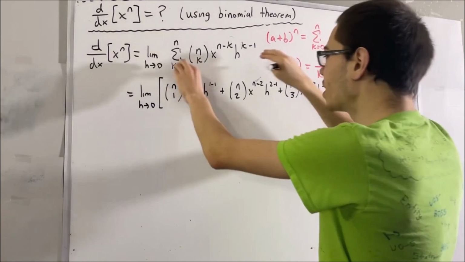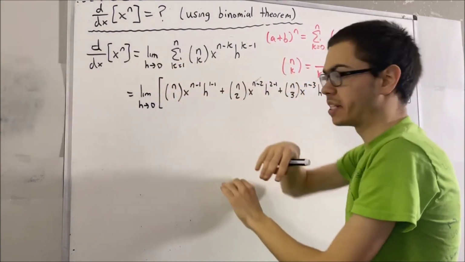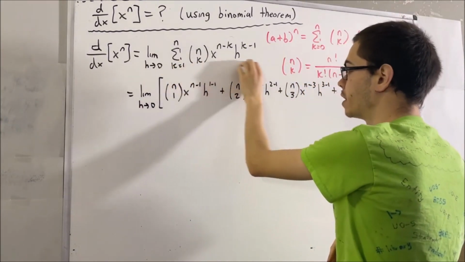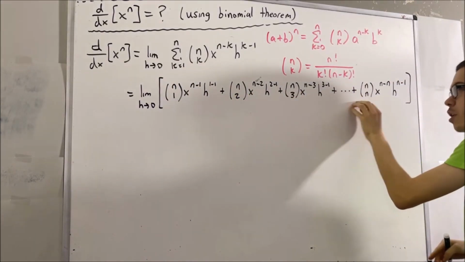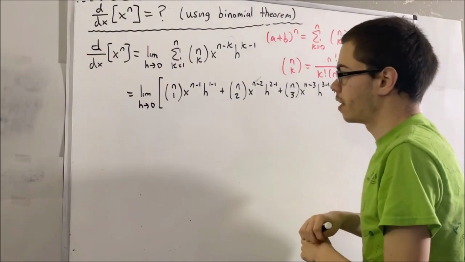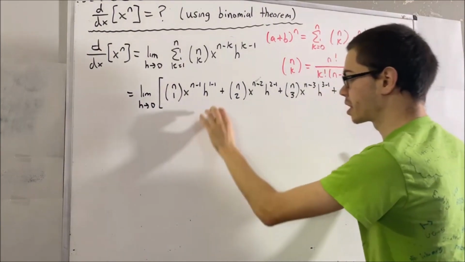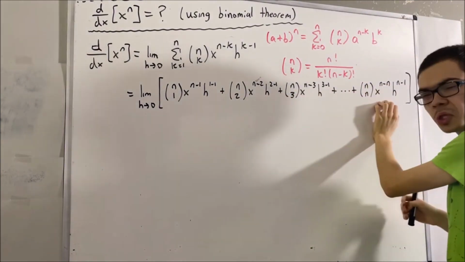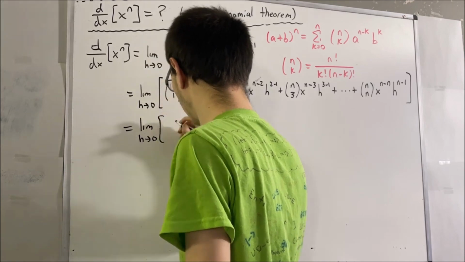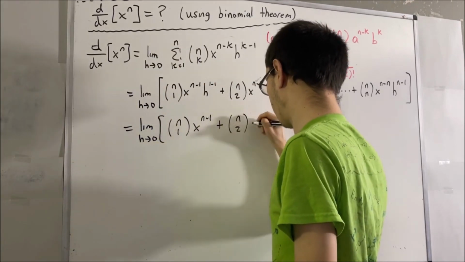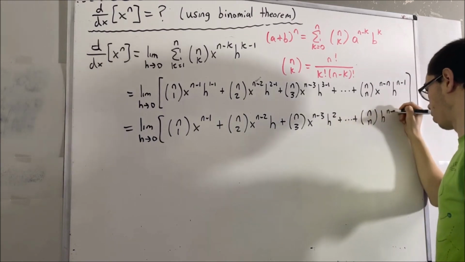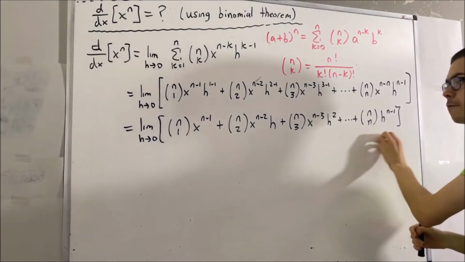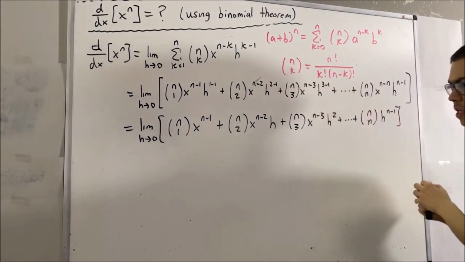I have re-expressed this sum by exposing some of the terms. I've rewritten the sum for k equals 1, k equals 2, k equals 3, and so on until k equals n. And next, I'm just going to simplify these terms a little bit. So this is what we have when we simplify a little bit.